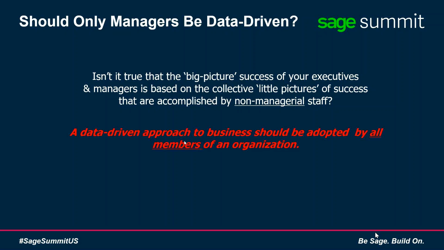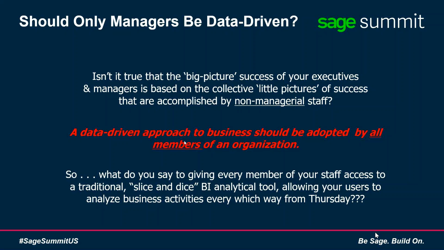And so I think the conclusion that this pushes us towards is the fact that a data-driven approach to business should not be the exclusive domain of managers and executives. It should be an initiative that's adopted by all members of an organization, managers, executives, and all of us workers.